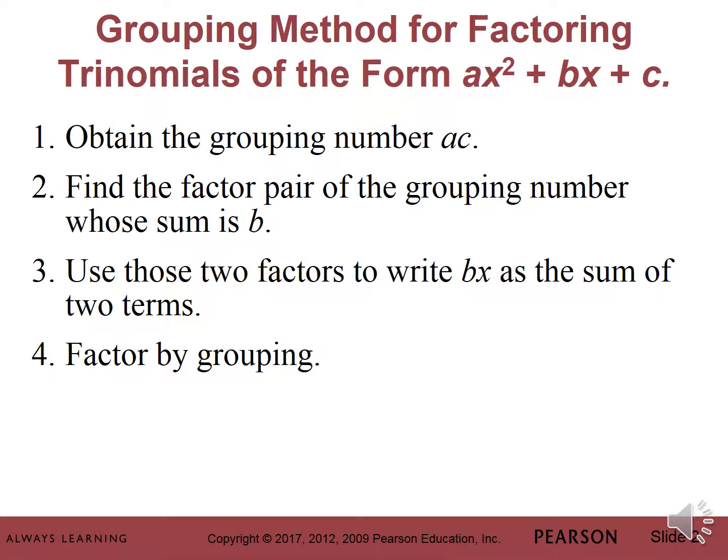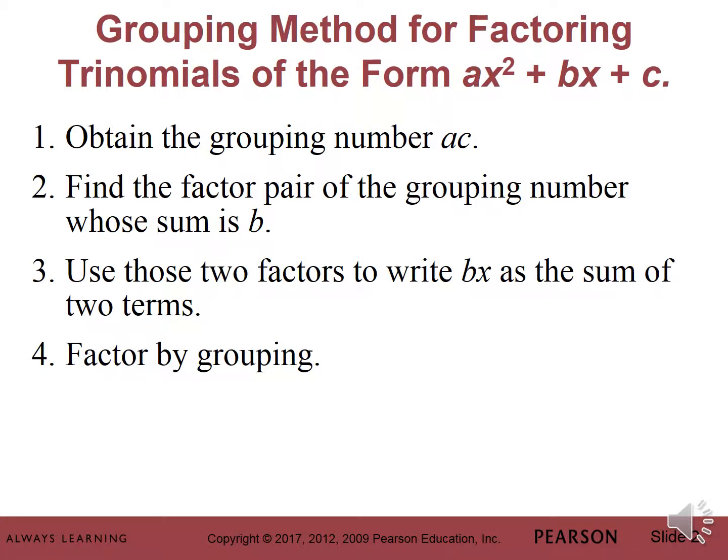Toby talks about a grouping number, which is just AC, the product of the first and third coefficients. We have to get the number AC and then get the factors of AC.